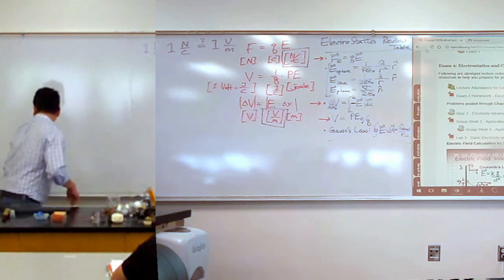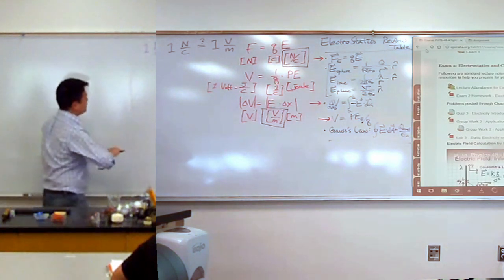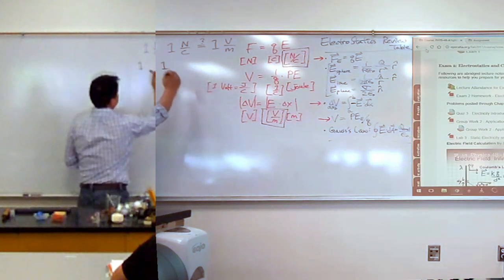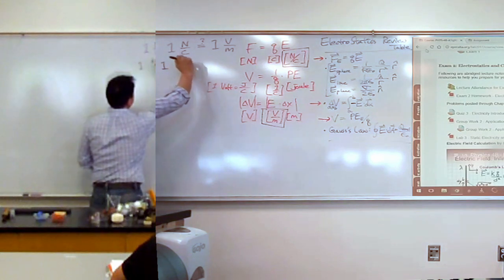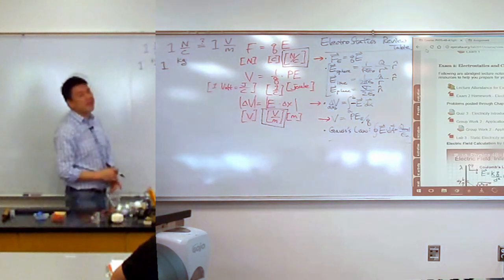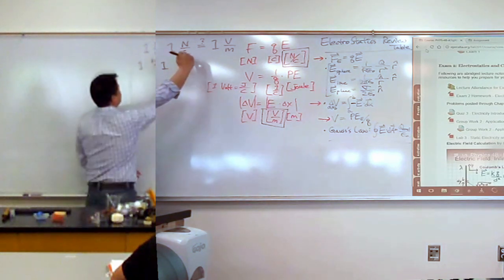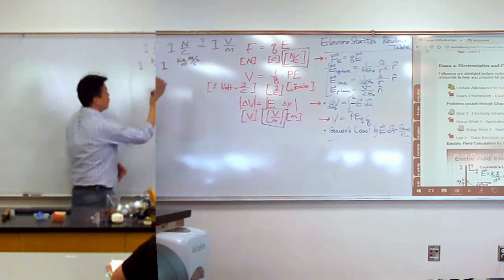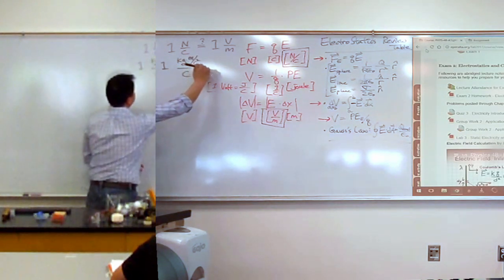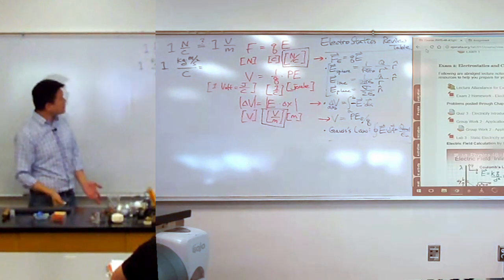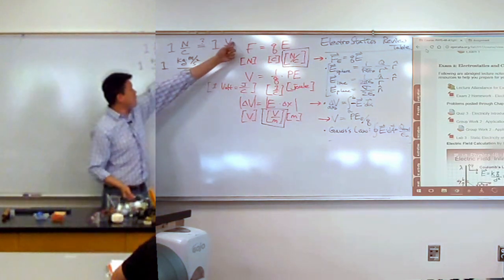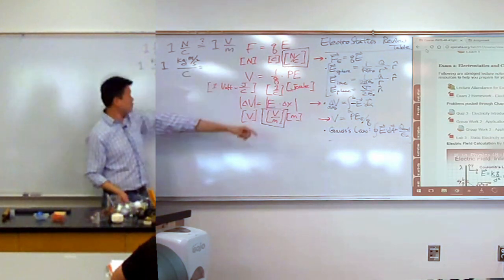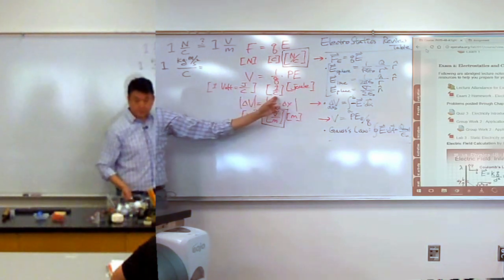So the left-hand side is 1 Newton, which is kilogram times, mass times acceleration, so meter per second squared, all of that divided by coulomb. Right-hand side, I have to write out volts. That's going to be joules per coulomb.